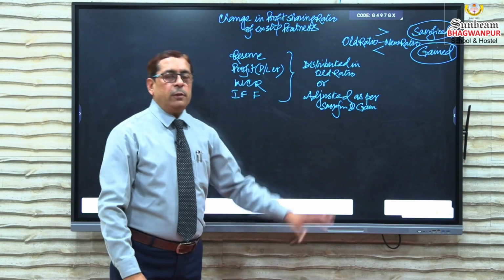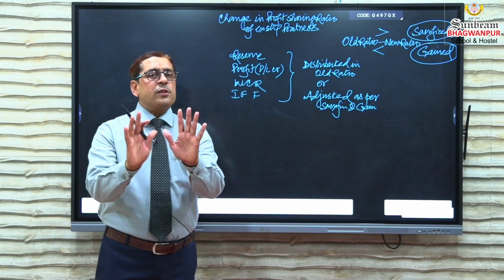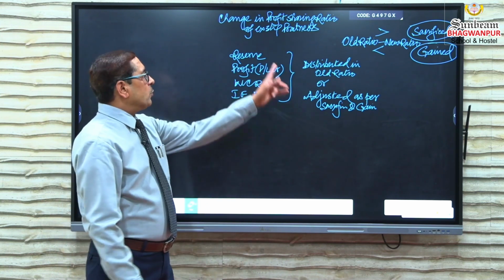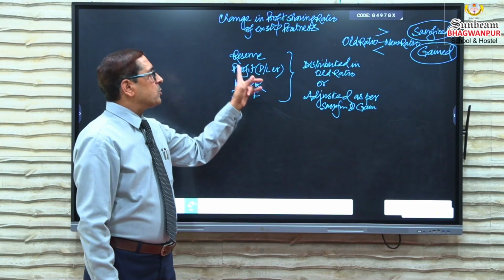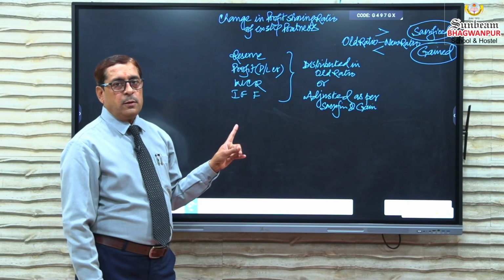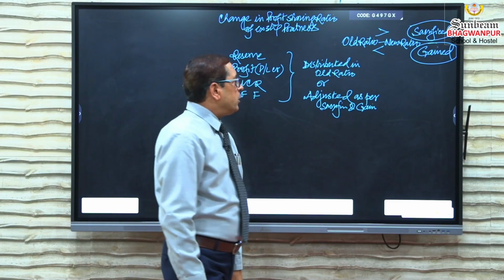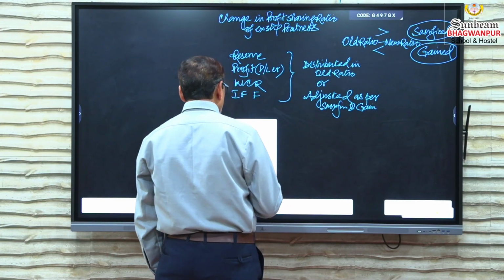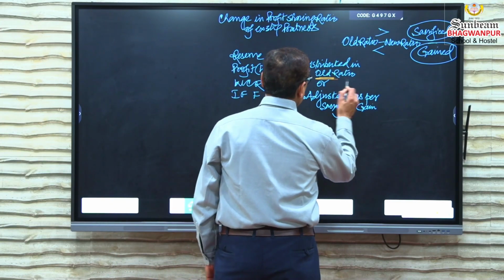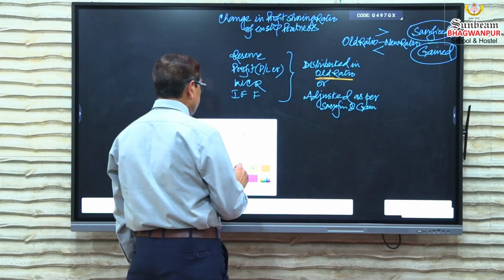Both the options are available. Instructions will be there. Partners want to distribute it, or partners do not want to distribute it. If they want to distribute it, it is always in the old ratio. Don't forget, it is always in old ratio.